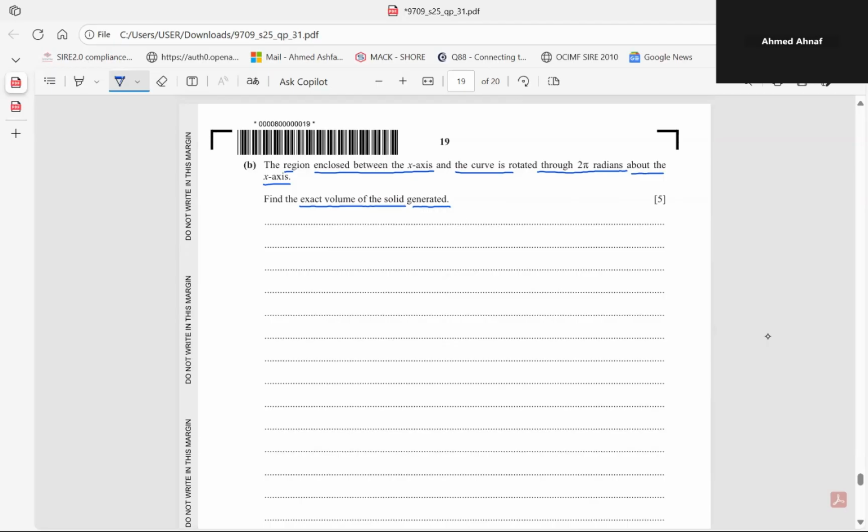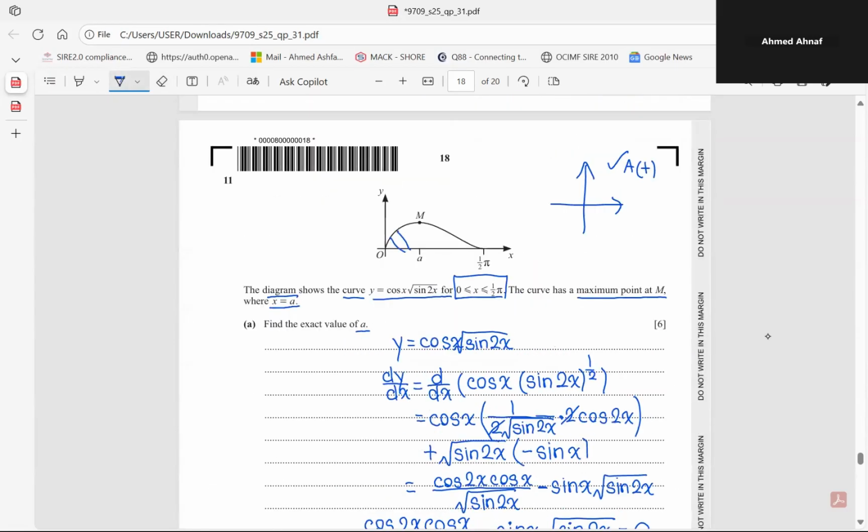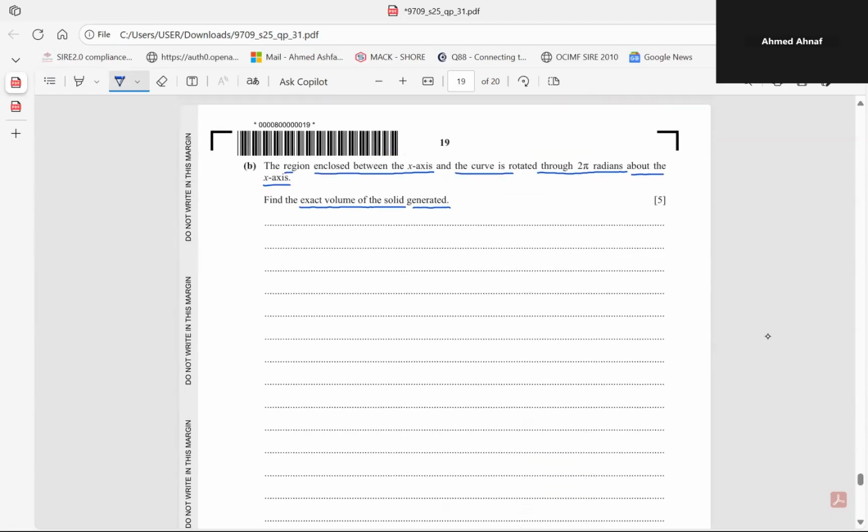To find this, we're going to have to use the formula pi times y squared dx to find the volume, with limits b and a. First, let's see what our limits are. The area they're talking about is this area, so we can form our integral easily. First, we just have to find our y squared.